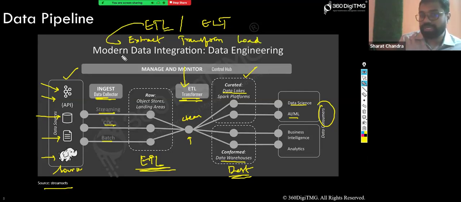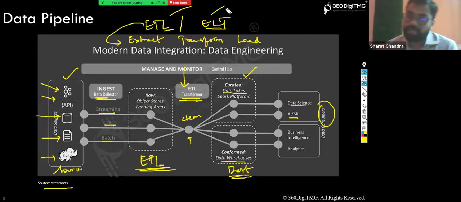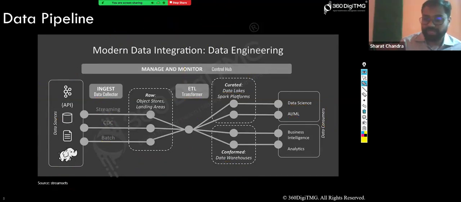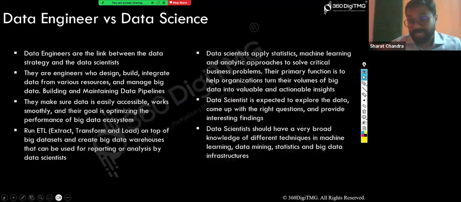So ETL is the order: extract, transform, and load. And ELT would be extract, load, and then transform. Depending on the need and the nature of the business, we apply one of these pipelines for ensuring that the data flow is happening across the entire connected pipelines. So this is a broad overview of the content that we are going to study as part of this program.